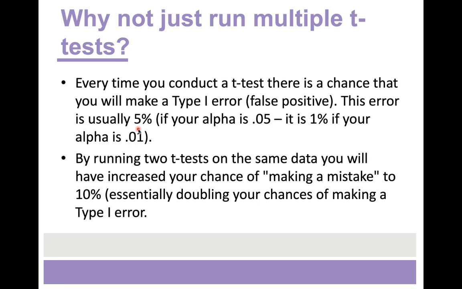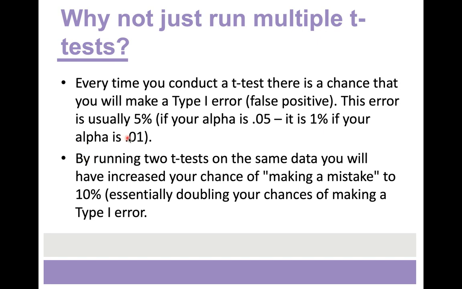But because of random sampling error, because of experimental error, because of the fact that people are messy, right? Collecting data from humans is a difficult and messy process. There's a 5% chance that my conclusion that the medicine works is actually an incorrect conclusion. So that chance is always alpha. That's actually what alpha means.